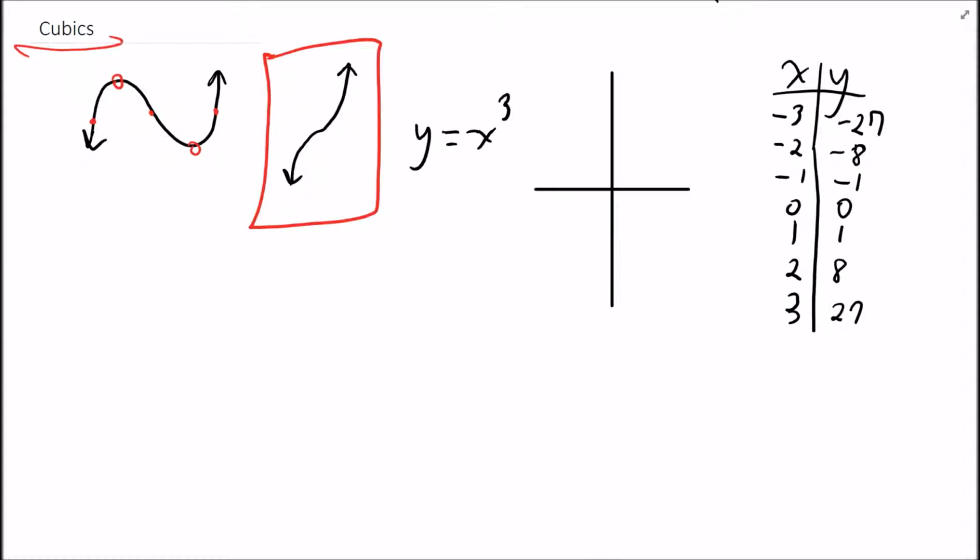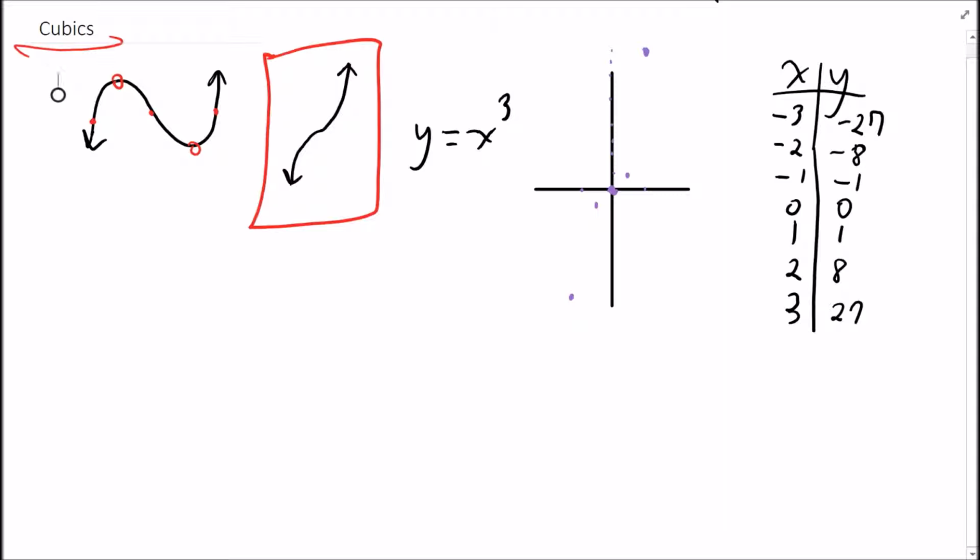So if we were to put some points on here, we've got 0, 0. I'll do the positive ones first. 1, 1 might be about here. 2, 8 would already be quite high, let's say. And then 3, 27 is already off of my screen, the scale that I've done. And on the negative side, we've got -1, -1, so to the left 1 and down 1. -2, -8, and I'll estimate it's about here.